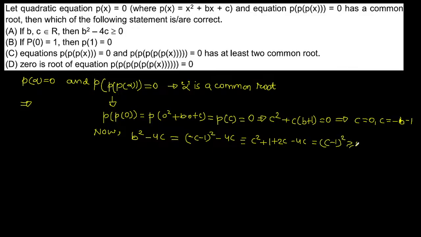This is bigger than or equal to 0. Or b square minus 4 into 0, so b square is bigger than or equal to 0. So option A is correct.